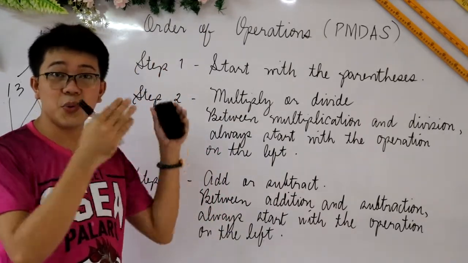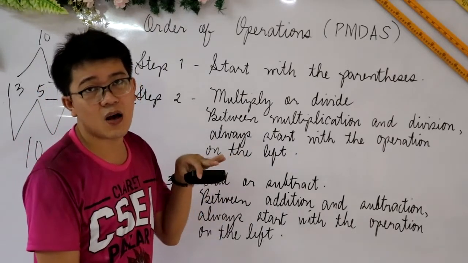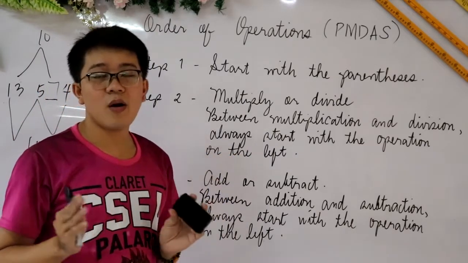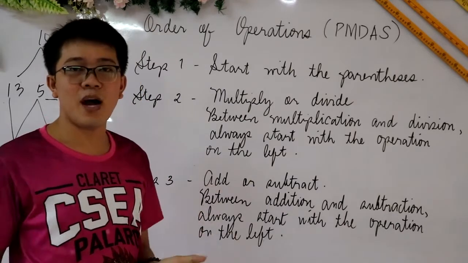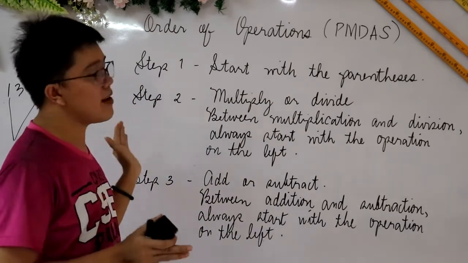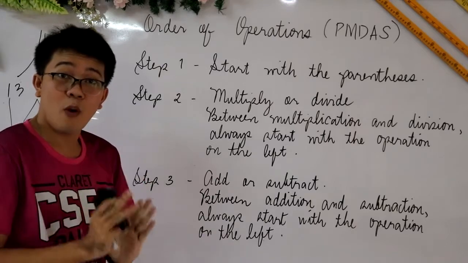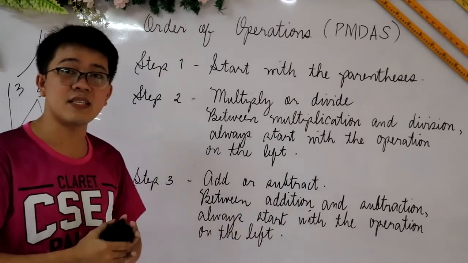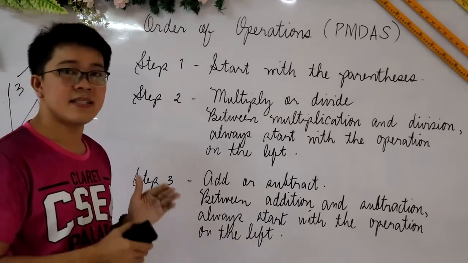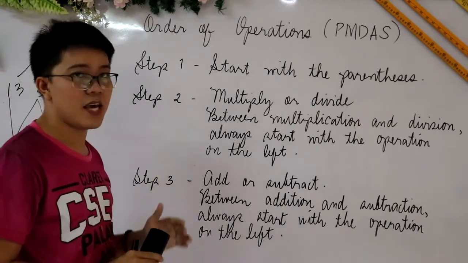Now what are the rules or what are the steps on how to follow the correct order of operations? Step 1, we always have to start with the parentheses. Now we have to perform first all the operations inside the parentheses. Second step, multiply or divide.